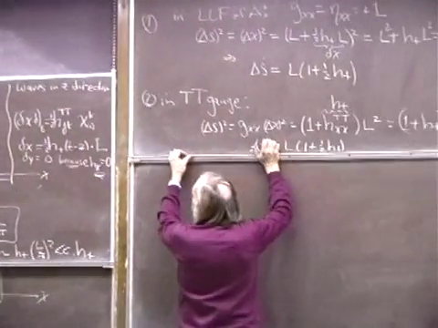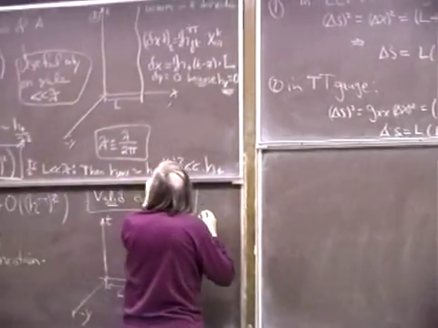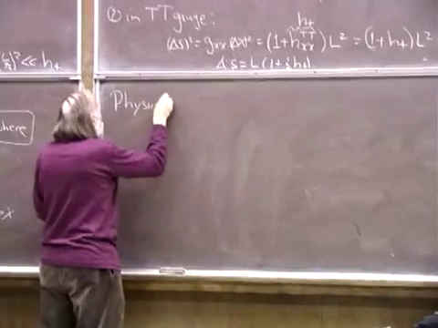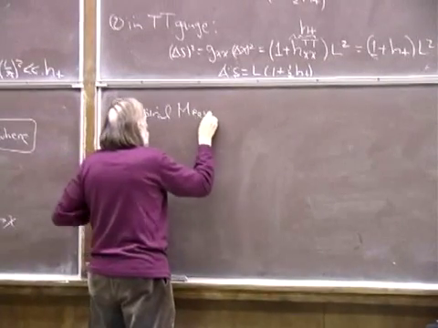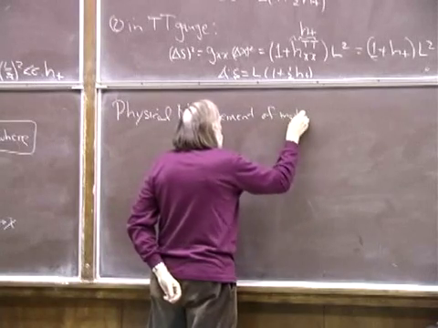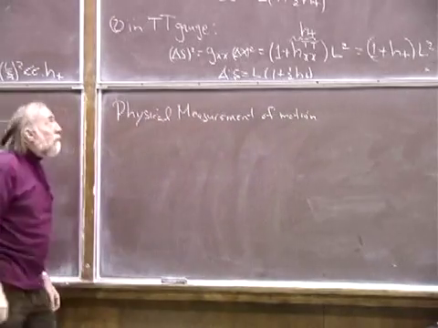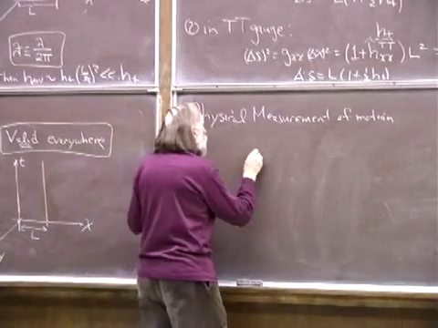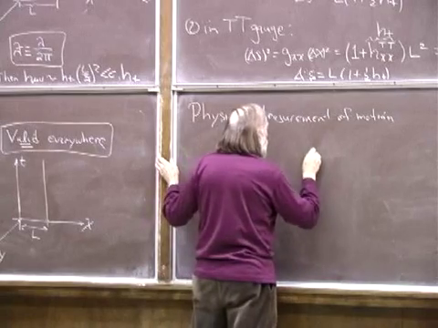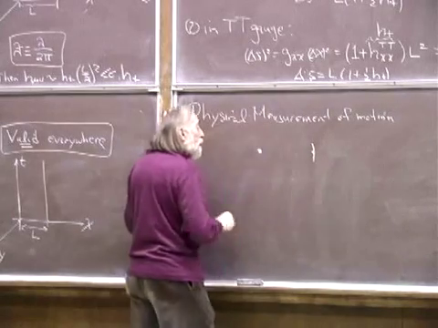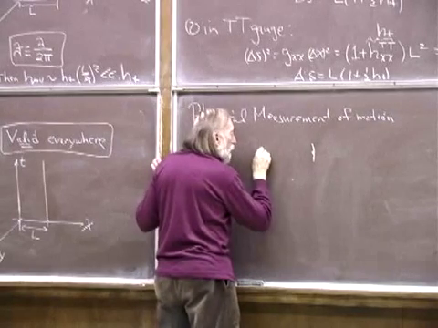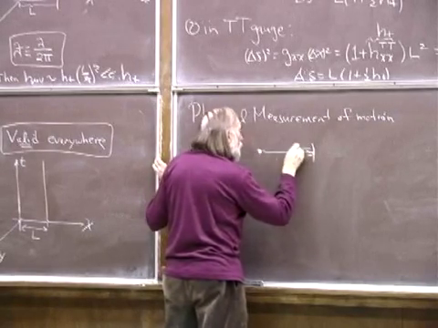Now let's extend this discussion to an actual physical measurement of the motion, in the manner that is done in LIGO. Suppose one of the particles is here, and the other particle is there and carries a mirror. Light goes out from this particle, bounces off the mirror, and comes back.